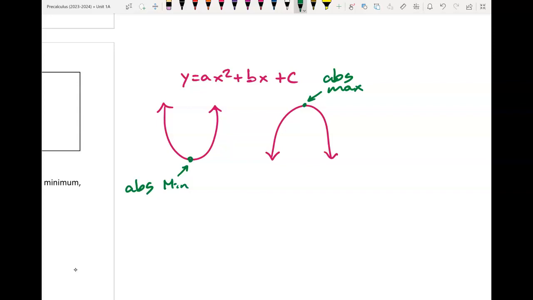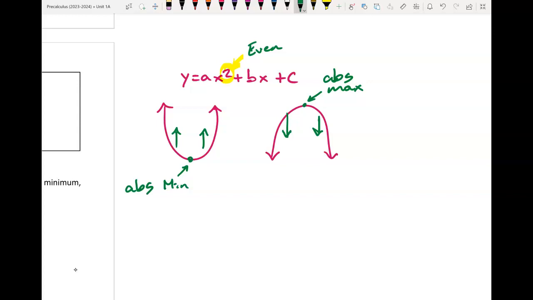Absolute minimums. And how can we tell if it's an absolute max or absolute min? Well, if our graph is opening up, it's going to be an absolute min. If we're opening down, then that is an absolute max. And the nice thing is that this holds true whenever our degree is even. If our degree is even, this will happen.